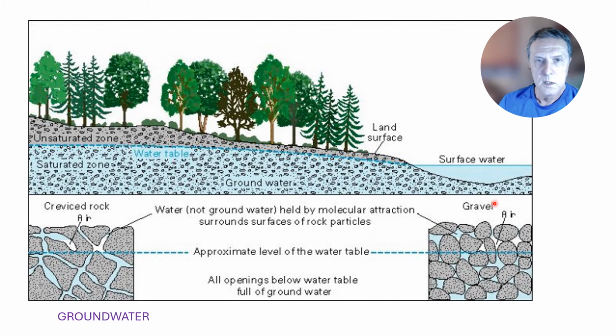So here's a picture of the general concept of groundwater. You have groundwater, again, held within fractures or within pores between grains of soil or rock. And where you do have the saturated condition, you call it the saturated zone.